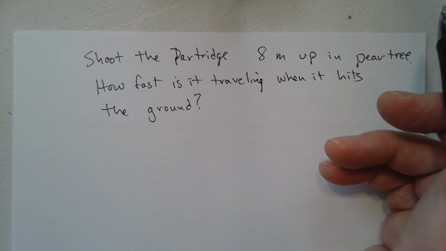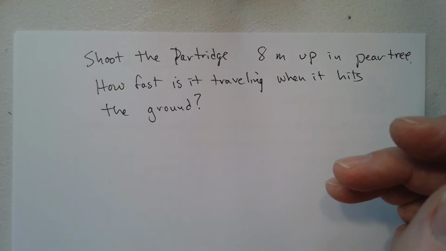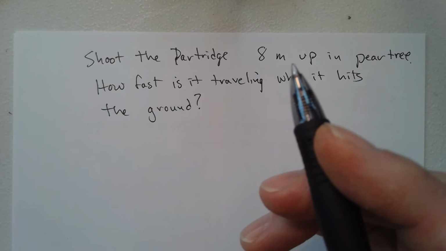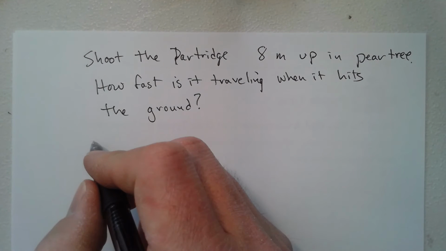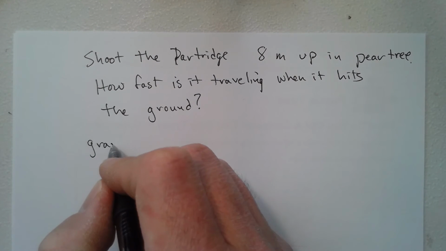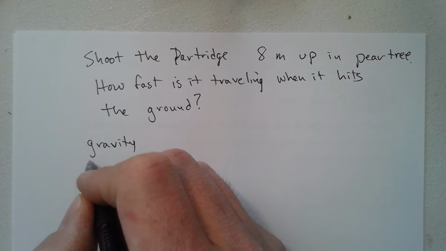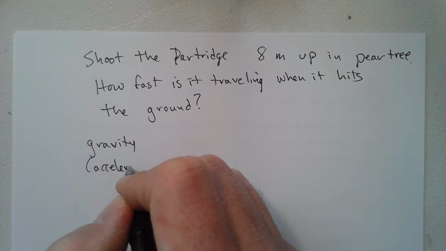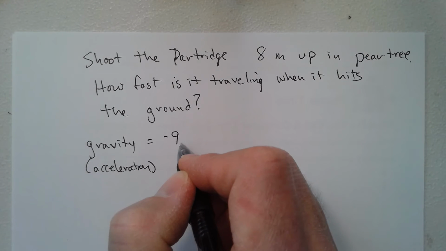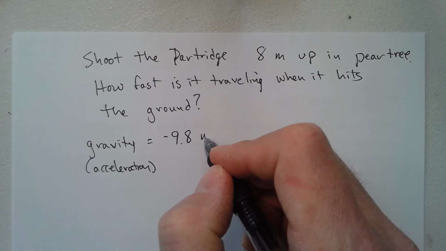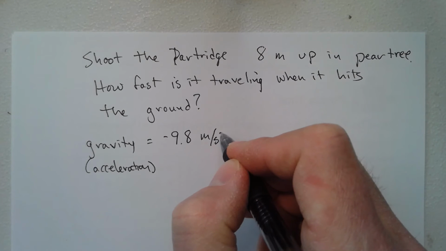What is that? Anybody know it? 9.8, or you can just round to 10. Good. Well, we'll go 9.8. So gravity is the acceleration, and it's negative because it's going down, meters per second squared.